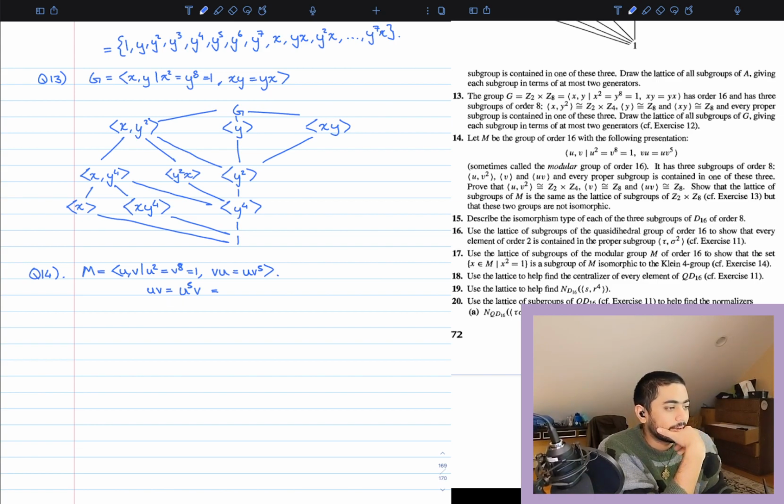Okay, and now, no, I still can't swap very nicely. Very weird. What if I multiply by a V to the 8 on the right? So UV to the 9. Now we can use this to swap this way. So we take 5 of those V's and convert it into a VU, and then there should be 4 of them left.